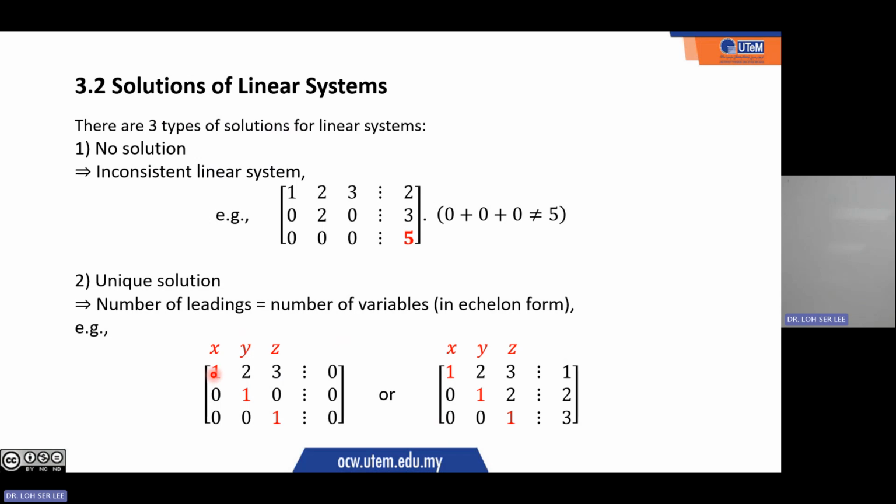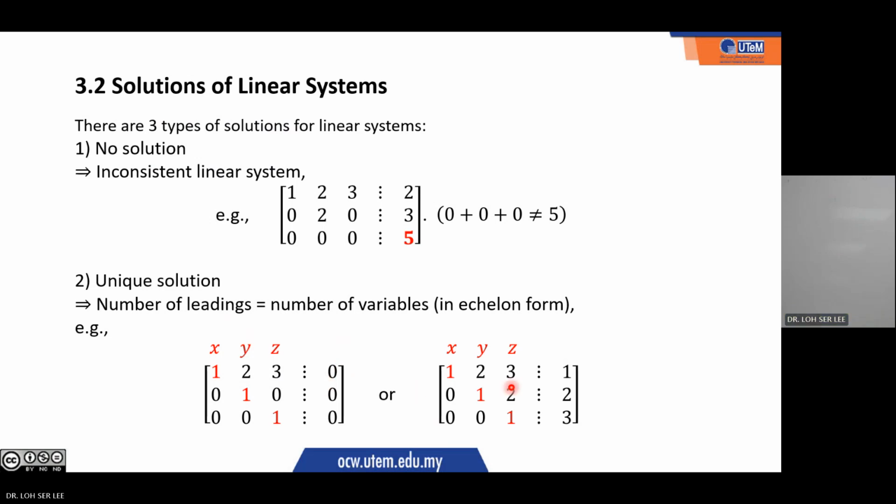Because the number of leadings, or number of pivots, is the same as the number of variables. This x, y, z or x1, x2, x3, these are called variables. So there are three variables and three pivots. When the number is the same, we say that this linear system gives a unique solution. These are the linear systems that you encountered in week 2.